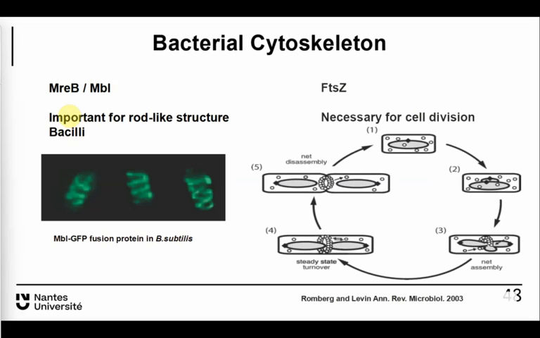And the bacterial equivalent of tubulin is a protein called FtsZ, which plays an important role in bacterial cell division. So as bacteria grow, the DNA chromosome will start to replicate at the origin of replication, which is shown by this black diamond here.